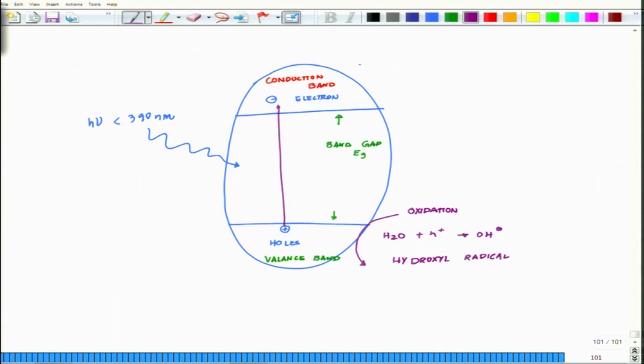Whereas in the conduction band there is a reduction happening, and in that reduction reaction O2 plus an electron makes O2 dot minus, which is the superoxide radical.